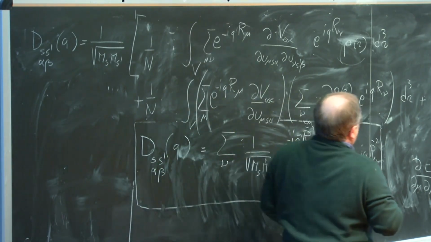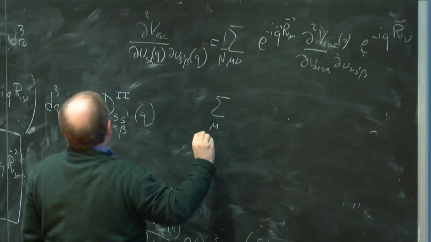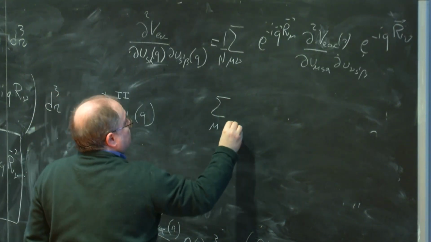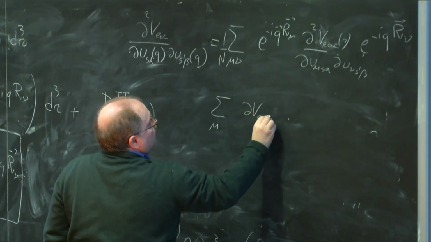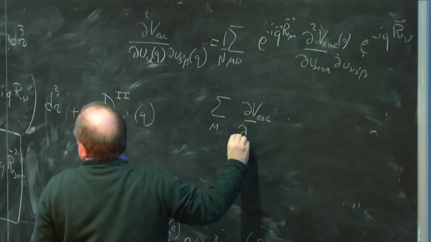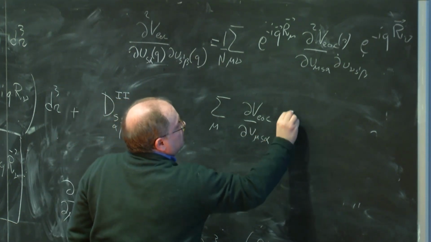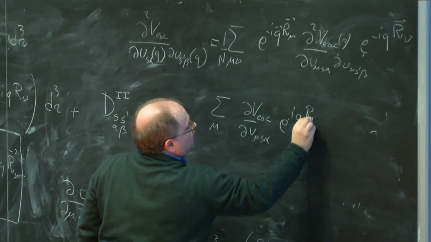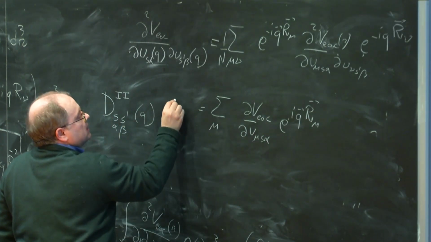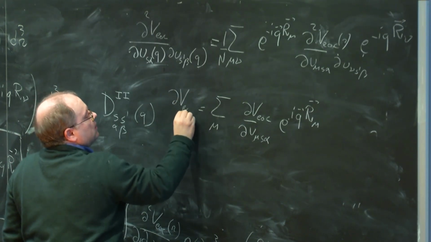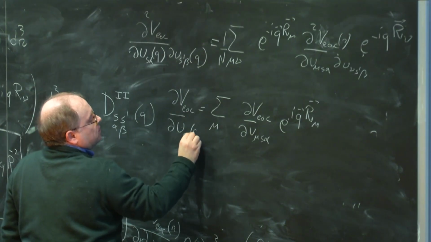This function instead, the sum over mu of dv log over d u mu s alpha e to the i q r mu, we can call this dv log over du s alpha of q.